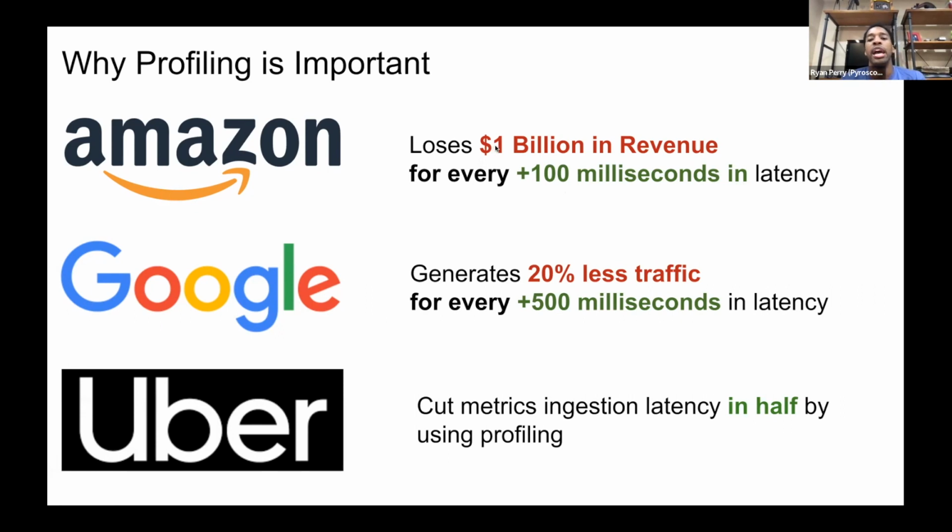So understanding why their application is going slow, or which functions that latency is attributed to, is really important in making sure requests are faster and they're not losing revenue. Similarly, Google generates 20% less traffic for every extra 500 milliseconds in latency. Uber has a bunch of metrics on this as well.